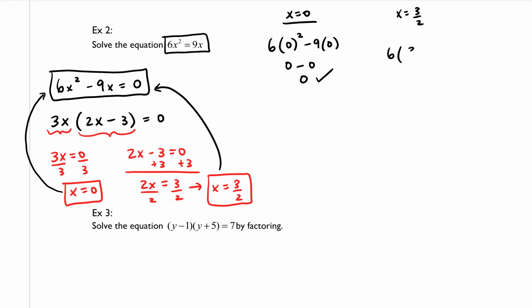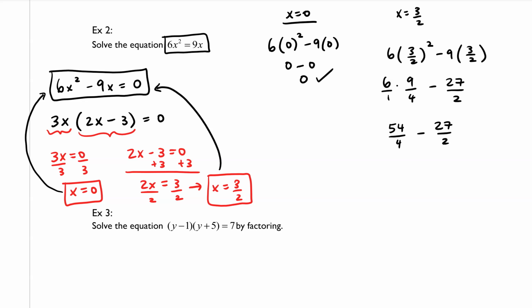Now I'm going to check that x equals 3/2 is also a root. So I get 6 times 3/2 squared minus 9 times 3/2. And we just want to verify that when we simplify that, it gives us 0. So let's see if that happens. 9 times 3 is 27, and then we'll put that over 2. I can put that over 1. So if I multiply those two fractions, 6 times 9 is 54 over 4 minus 27 over 2.